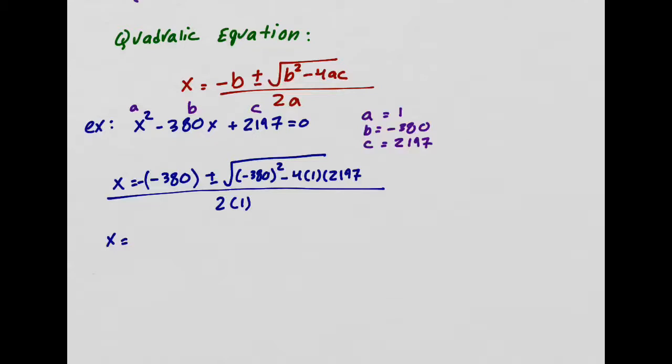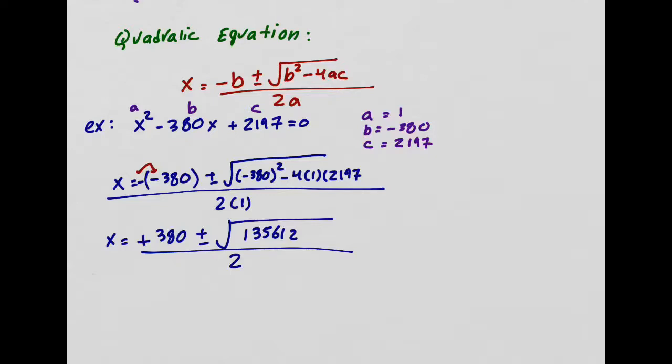Now, if you look over here, negative times negative would be positive, right? So I'm going to have a positive 380 plus or minus, and if I do everything under the square root, it would be 135,612, over 2 times 1, which is just 2. Okay?